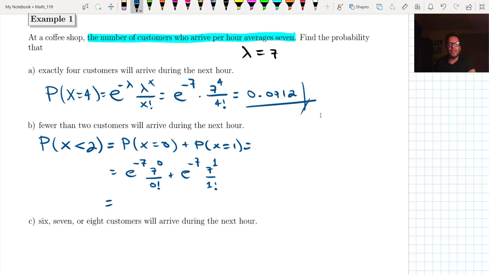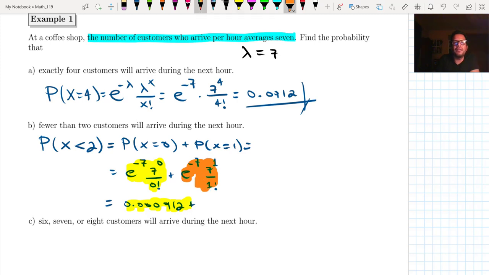Okay, so what are we going to get here? We are going to get very, very tiny numbers. So I'm going to punch it in the calculator. Okay, we get 0.000912, plus the quantity e to the negative 7 times 7 to the first.